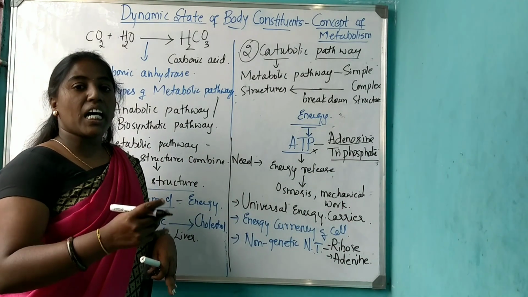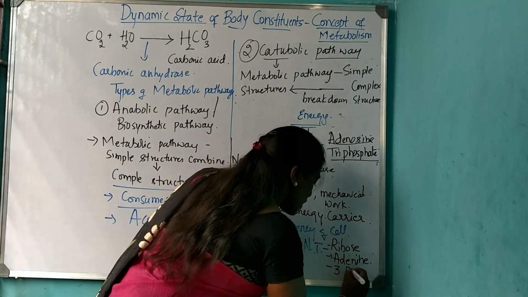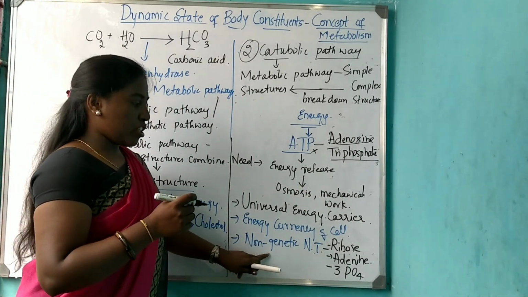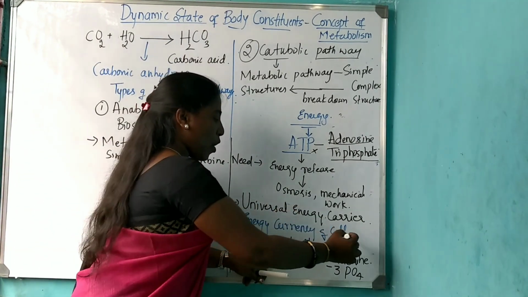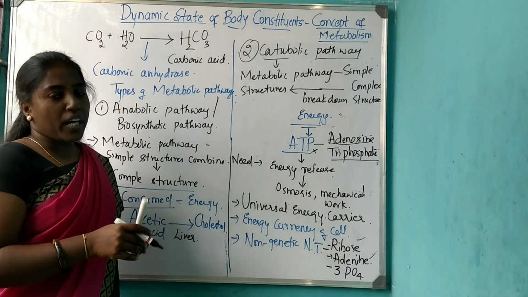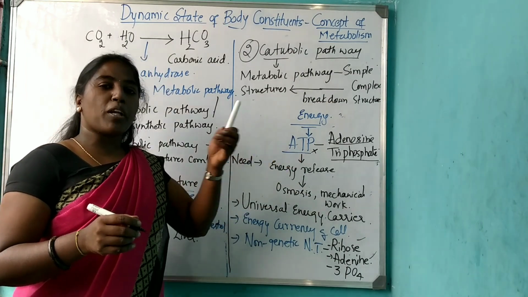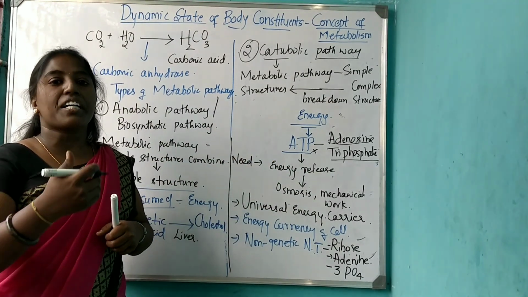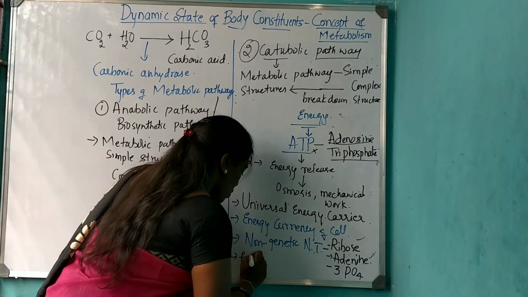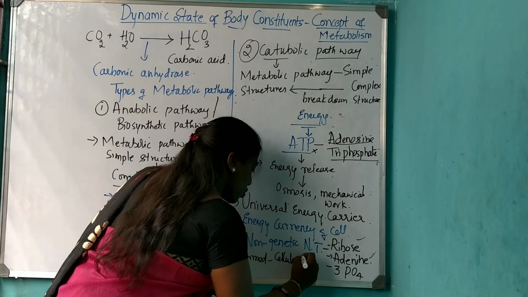Along with that, it consists of 3 phosphate groups. So ATP is made up of ribose, adenine, and a row of 3 phosphate groups. This ATP is preferably formed during cellular respiration.